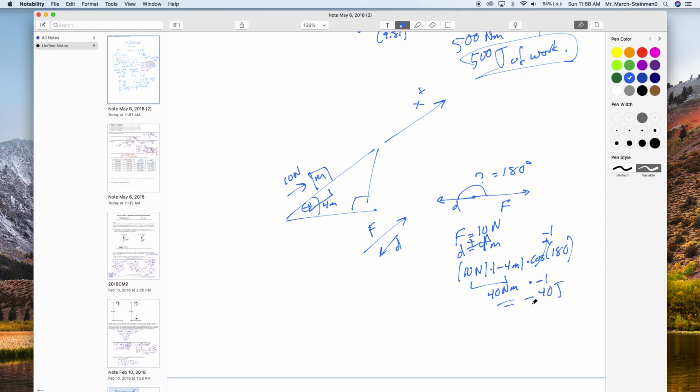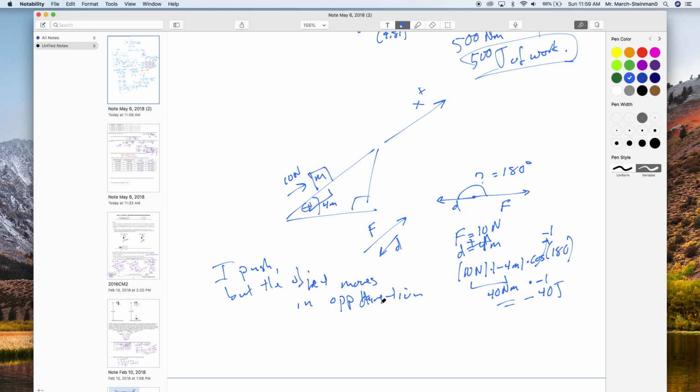So I'm doing negative work, trying to oppose the displacement that this thing is making anyway. I'm doing a negative amount of work because despite my pushing, the object moves in the opposite direction.